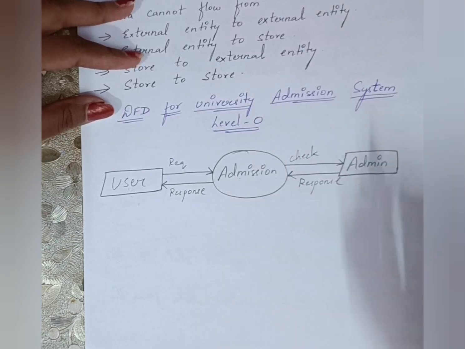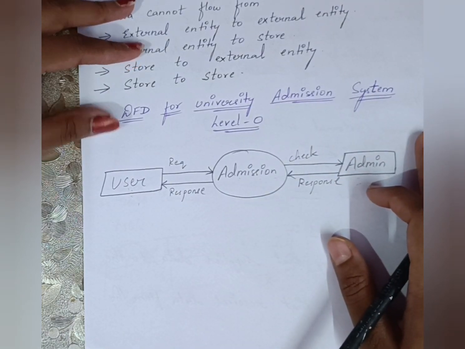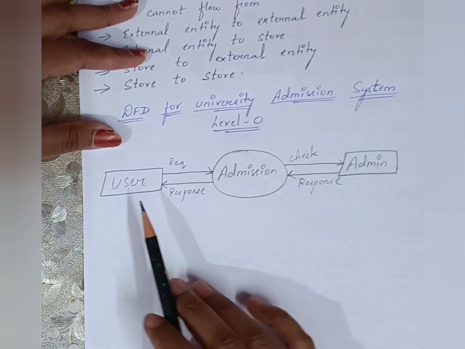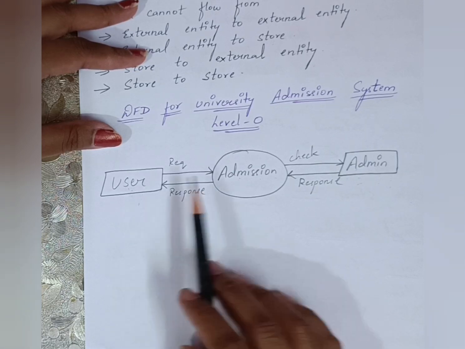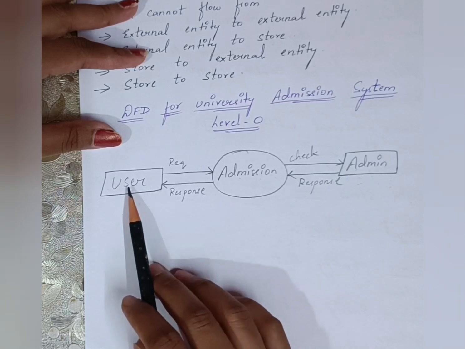So for your web-based project example, if you're doing any project similar to this, then you will understand. There will be user and admin, two entities in your projects.